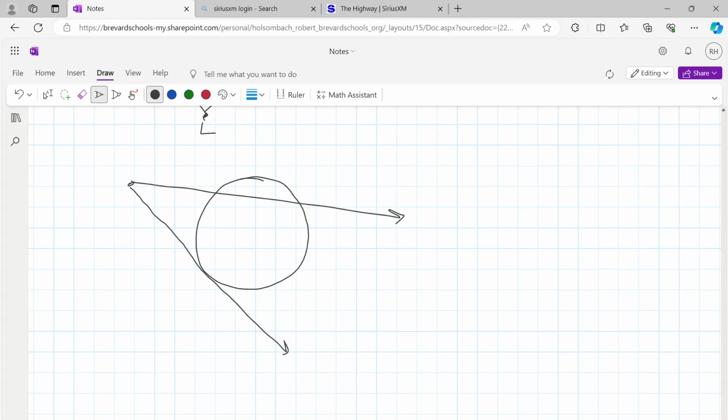We're told that this angle is 56 degrees. And this arc is 95 degrees. We need arc DC. So the measure of DC.